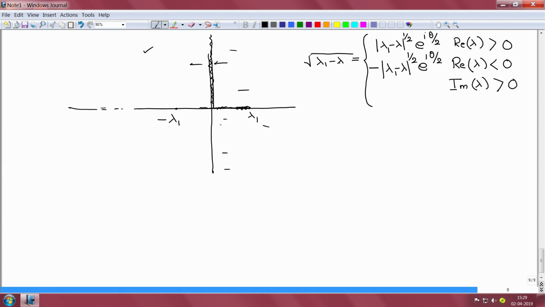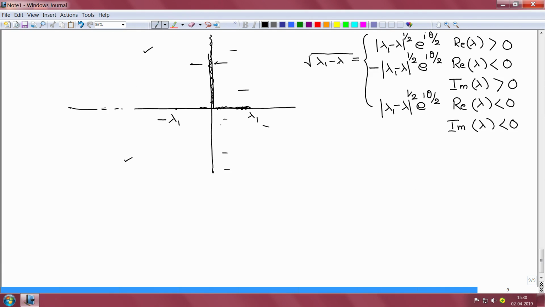Further, for lambda 1 minus lambda to the power half e to the power of i theta by 2 whenever real part of lambda is less than 0 and imaginary part of lambda is less than 0, in this quadrant.